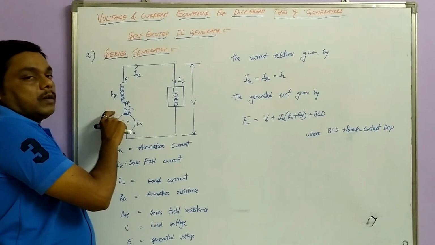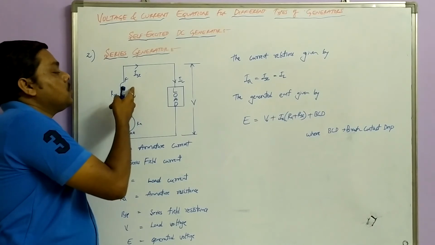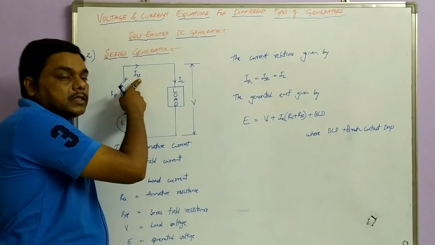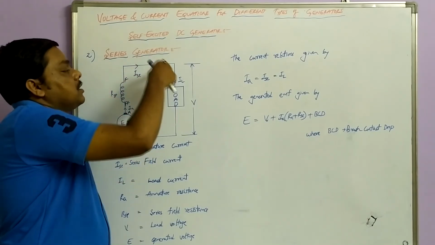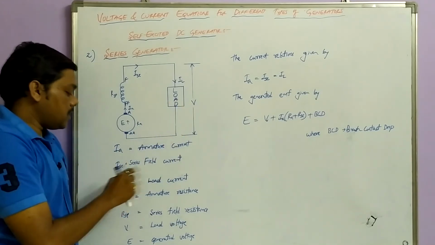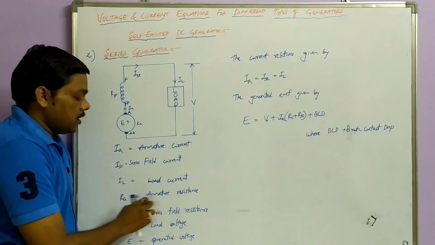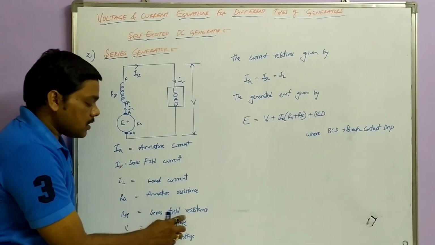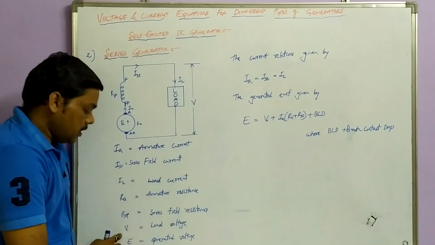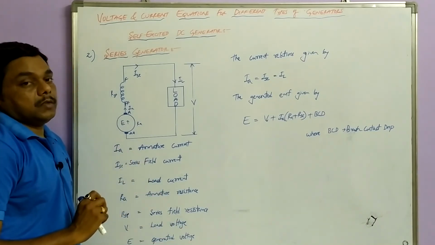The generated EMF produces an armature current, and this armature current enters the series field winding, where it is called the series field current, and the same current enters the load, where it is called the load current. IA is the armature current, ISC is the series field current, and IL is the load current. RA is the armature resistance, RSC is the series field resistance, V is the load voltage, and E is the generated EMF.